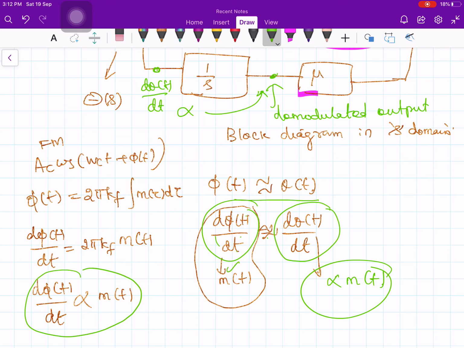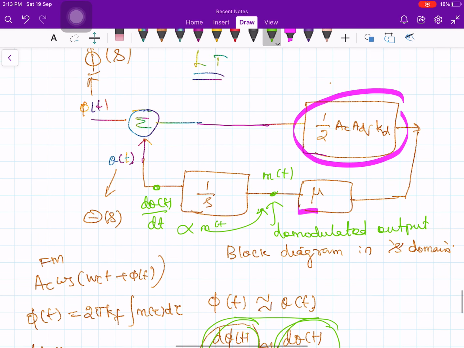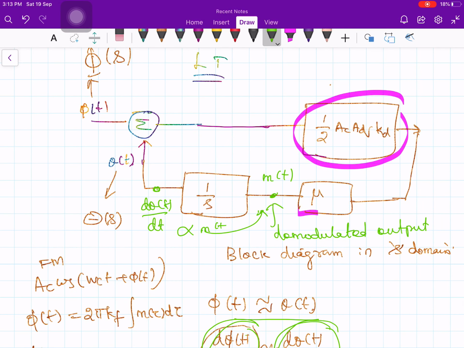Hence your d theta by dt is proportional to m of t. But d theta by dt is the output of my integrator. Okay, and now what is the input? Input is my message signal. This is proportional to m of t. But what is m of t? This is your message signal that is coming after demodulation. Therefore this point indicates the demodulated output.